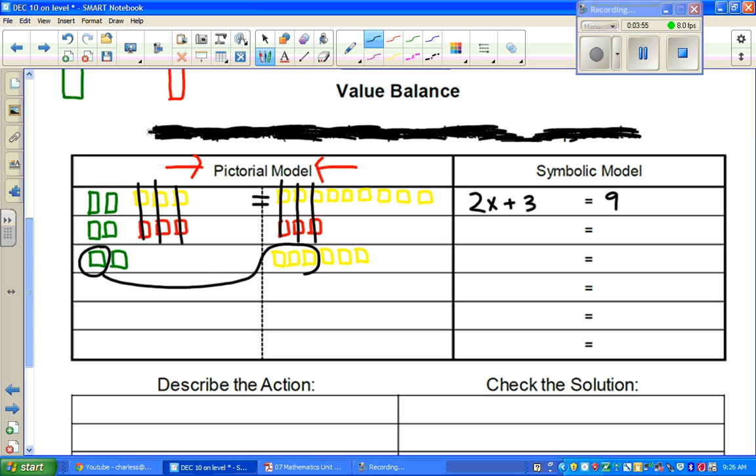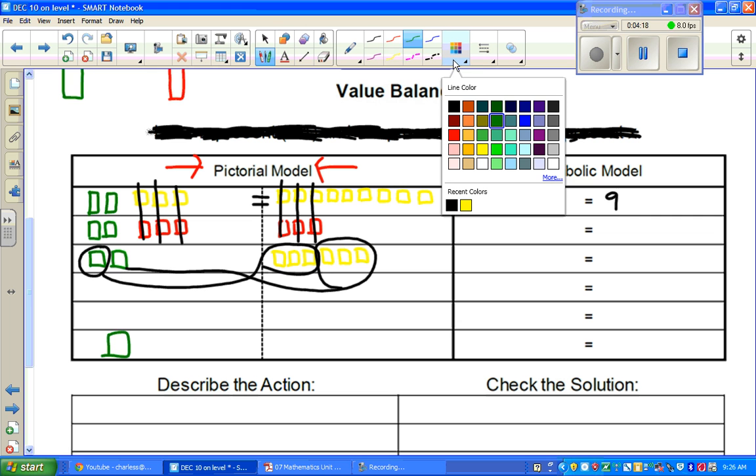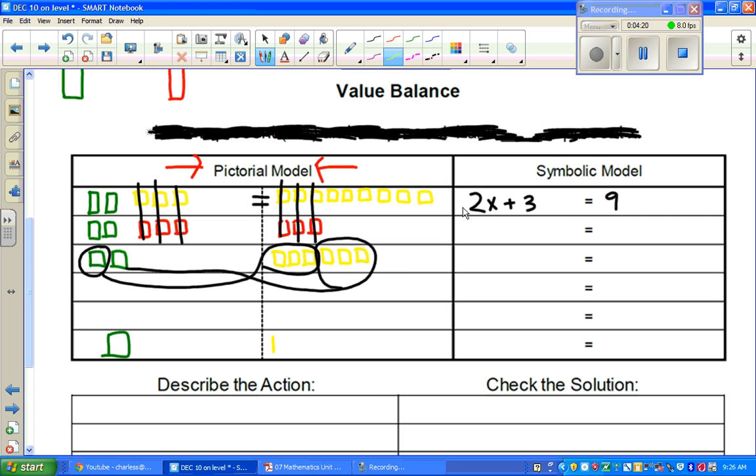So 1 green x corresponds to 3 yellow boxes, and then the other green square corresponds to 3 yellow boxes. So it divides evenly into 3. So 1 positive x, signified by a green rectangle, is equivalent or equal to 3 yellow boxes, or a positive 3.